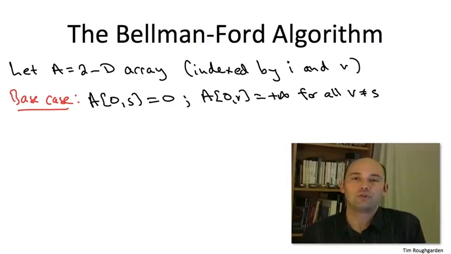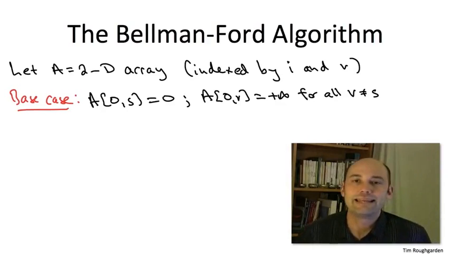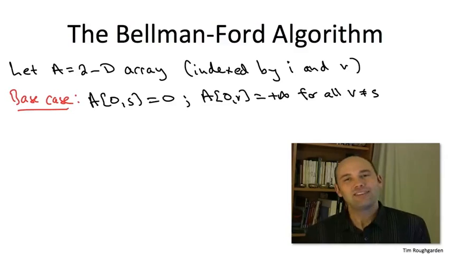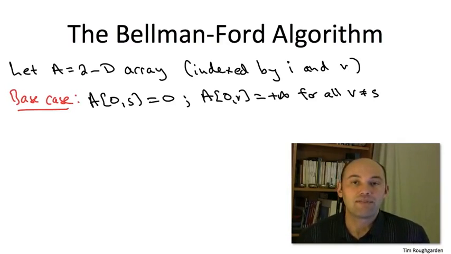So now we move on to our customary double for loop, one for loop for each of the indices that indexes our array A. And actually what's interesting is, unlike most of the dynamic programming algorithms we're discussing, here the order of the for loops matters. You cannot pick arbitrarily. You really need to make sure that you have all the smaller subproblems solved by the time you need them.